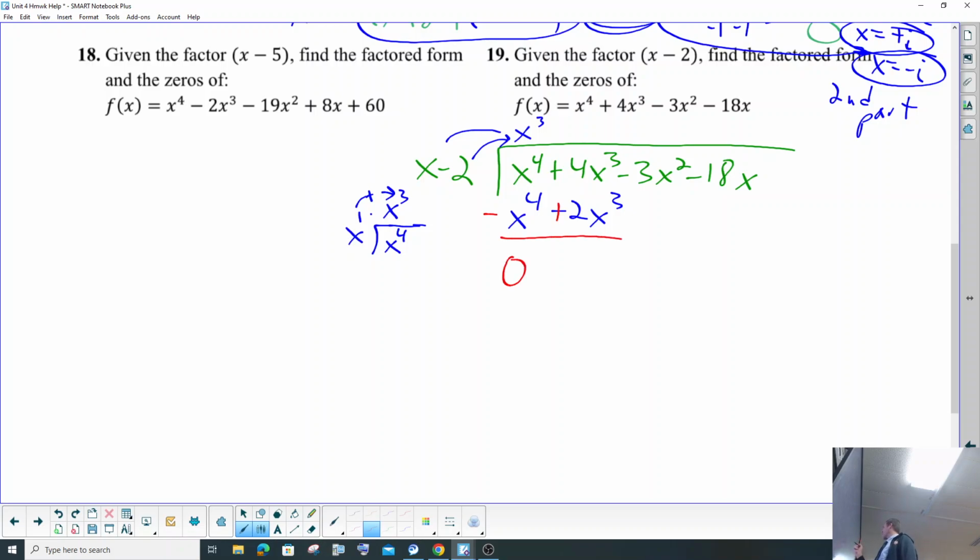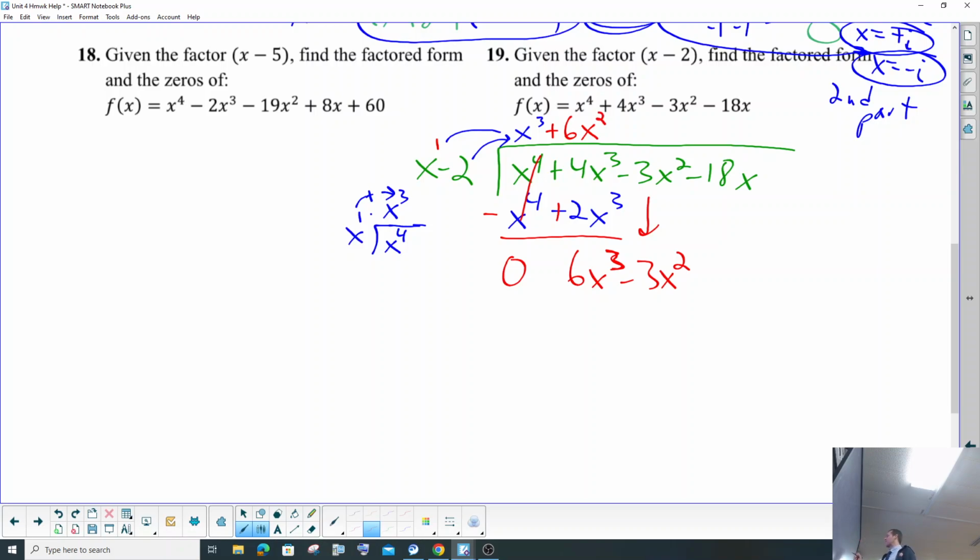So that goes away, and we get 4x cubed plus 2x cubed is 6x cubed, and bring down the negative 3x squared. How does x become a 6x squared? Well, you need a 6, and you also need an x squared, because 1 and 2 makes 3.